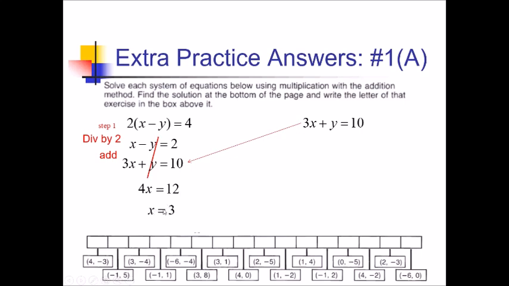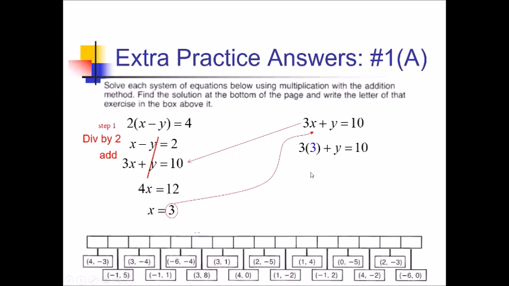Now I'm going to have to plug this back in to find the y value. The easiest thing would probably be to plug it into the x up here in this modified equation. However, I'm out of space over there, and I'm not super picky, so I'm going to plug in this 3 over here instead. There are lots of places you could put that in. So now we've got 3 times 3 plus y equals 10.